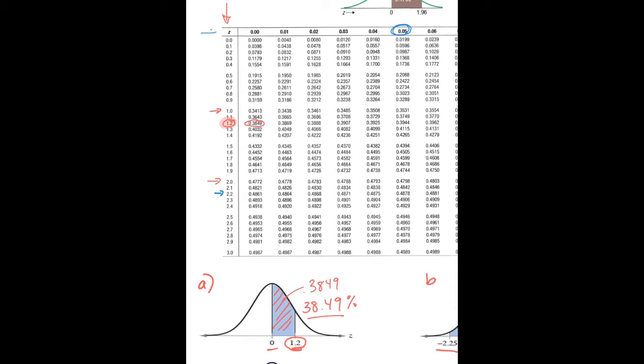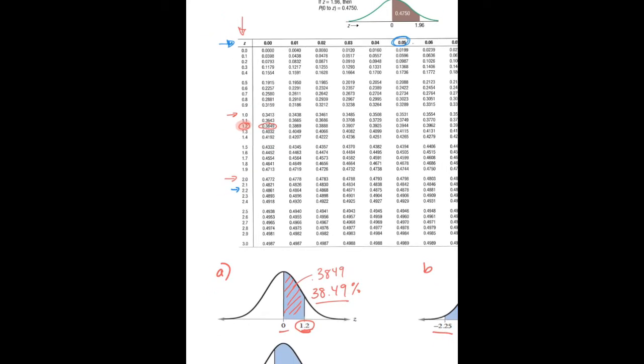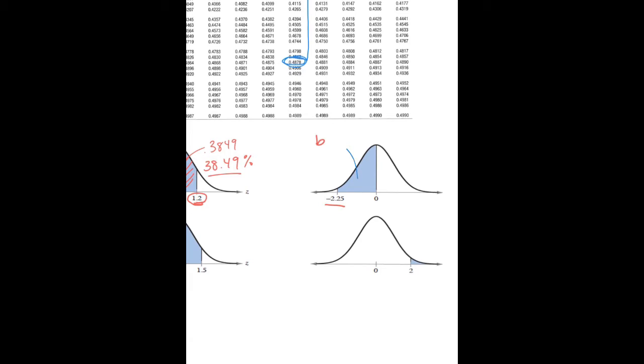This upper first row is going to give us the hundredths place of our z-score. So the area there for 2.25 is 0.4878. So the area between 0 and negative 2.25 is 0.4878, or 48.78%.